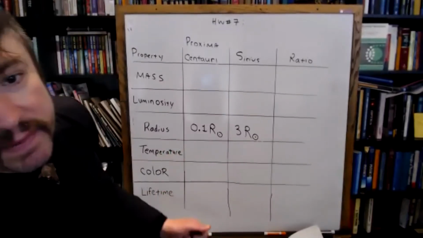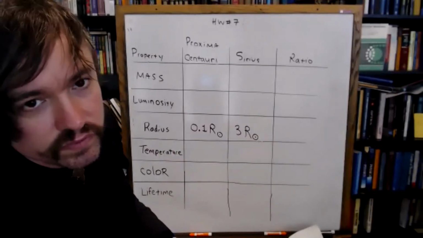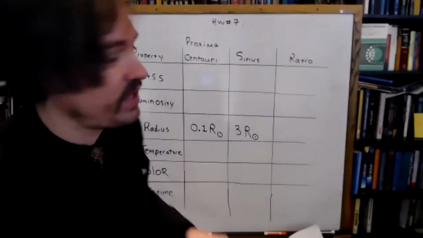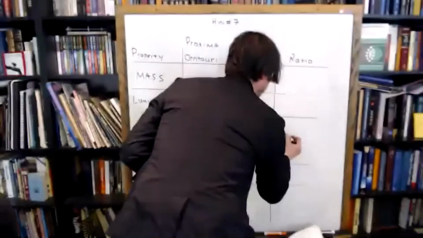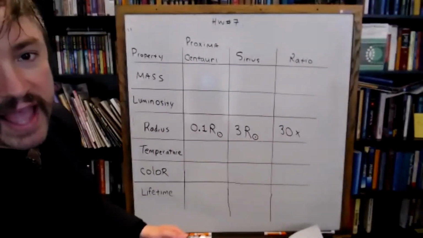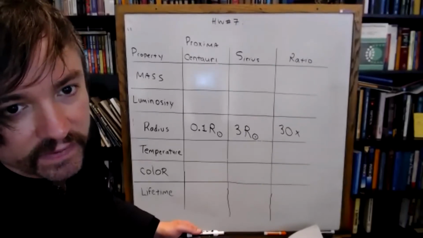What is 3 divided by 0.1? Oh my God. 30 times. Thank you. 30 times. Y'all got that? Move fast. Yeah, I'm going to start moving fast now.